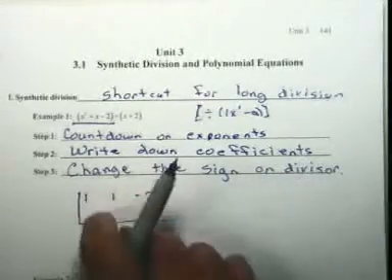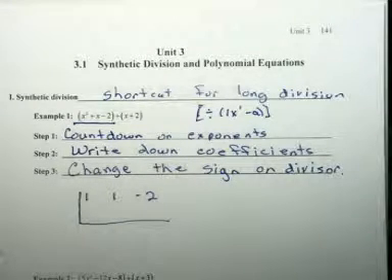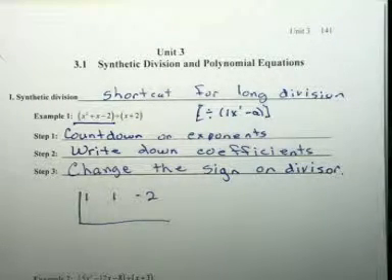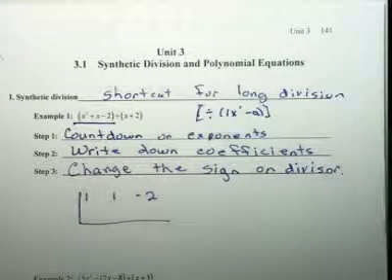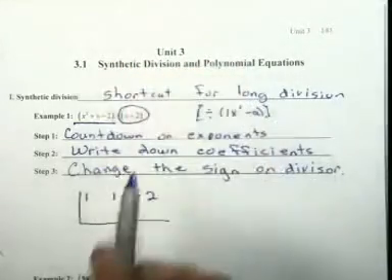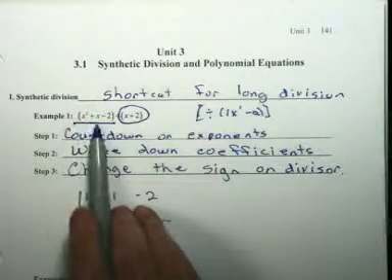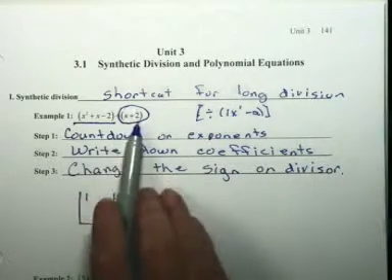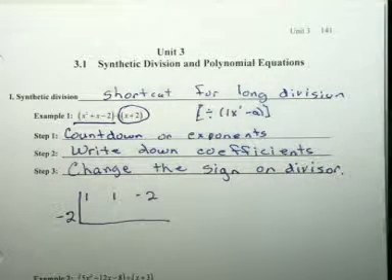We need a blank line in the middle. I've changed the sign on the divisor. I'm going to look at this divisor, ignore the x for just a minute, and change this to a negative 2. The rule says change the sign, so I'm going to put a negative 2.